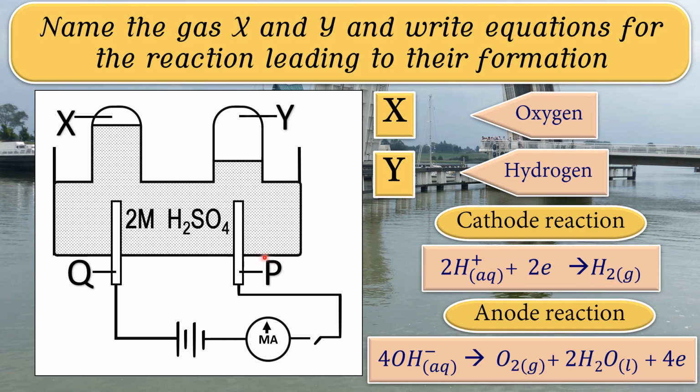So we are going to have hydrogen gas here, which is Y, because the hydrogen ions will move to the cathode, and when they move towards the cathode, they are going to receive electrons and they are going to be discharged as hydrogen gas.